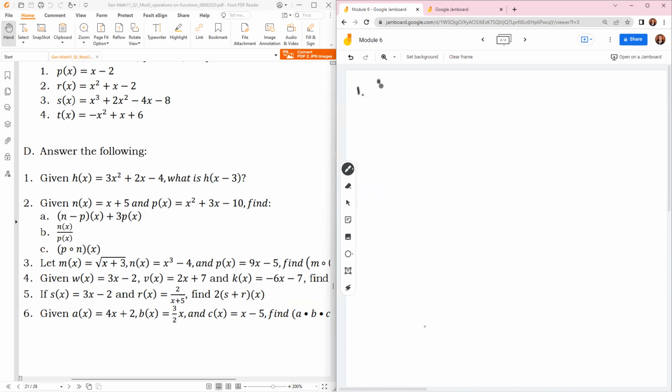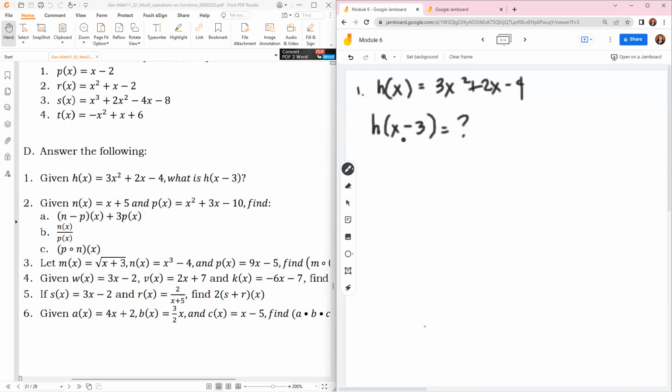So given si h(x) is equal to 3x squared plus 2x minus 4. Ang gipangayo kay si h(x) minus 3. So, of course, what do we do?